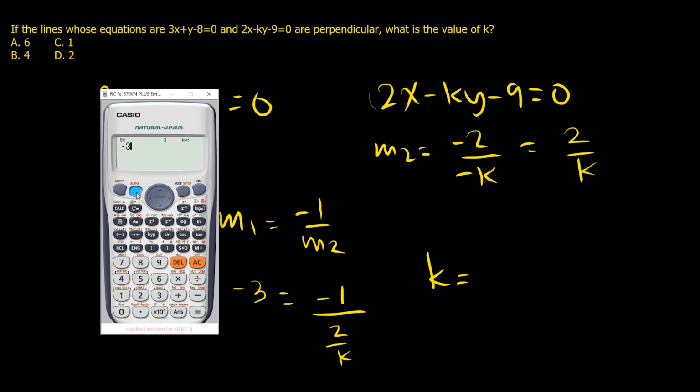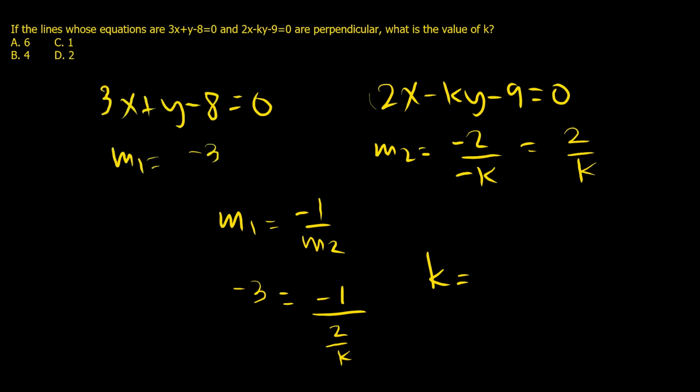Negative 3, negative 1 over 2 over x. Shift solve. Answer is 6. So, 6 ang answer. Letter A. Next problem, class.